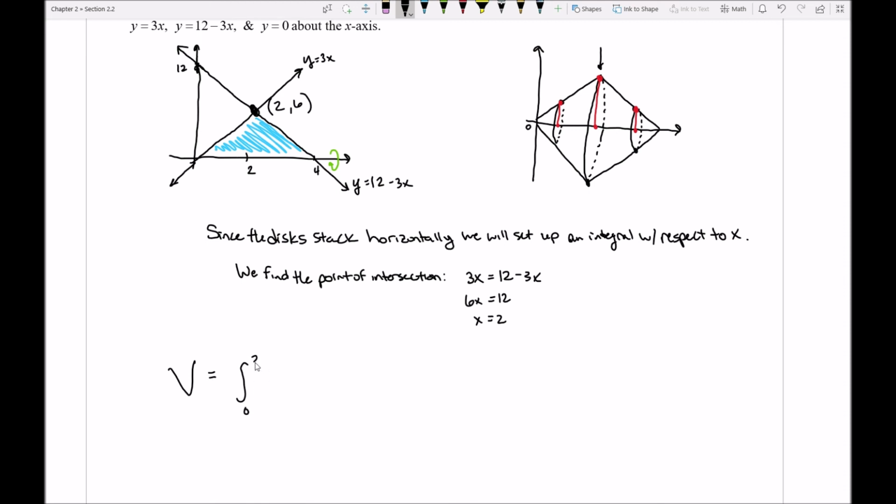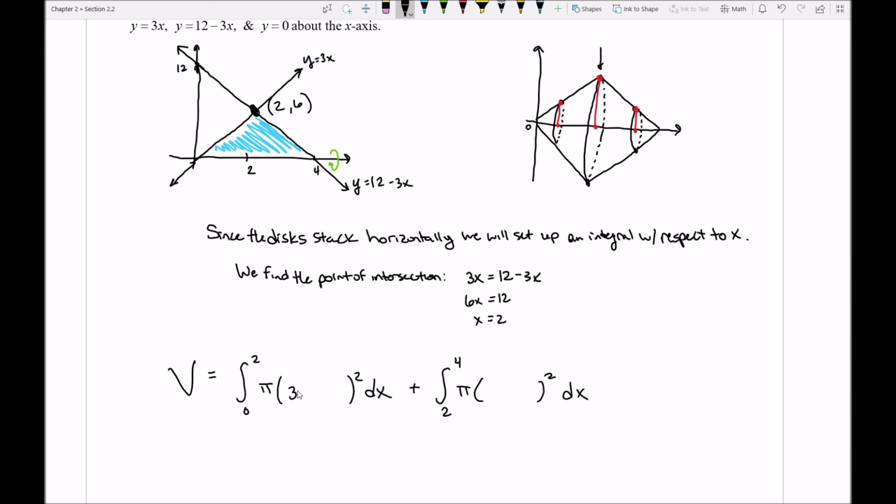I'll have a first integral that goes from 0 to 2. And again, I'm going to have pi r squared dx. I'm going to have another integral that's going to tackle the circles that exist from 2 over to 4. That's again going to have a pi r squared dx. So I'm going to start to fill in what the radii are.